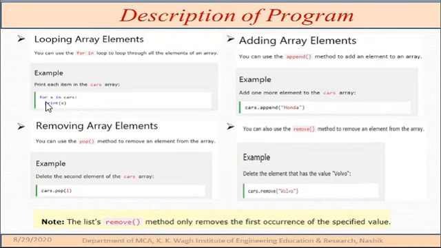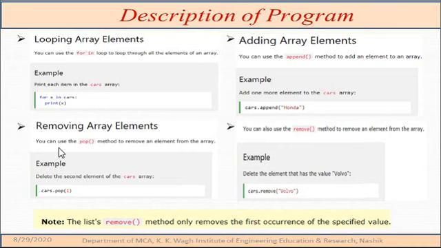That is your array, and then printing that x one by one. Likewise, you can read the array elements, or access the elements of the array, by using the for loop.